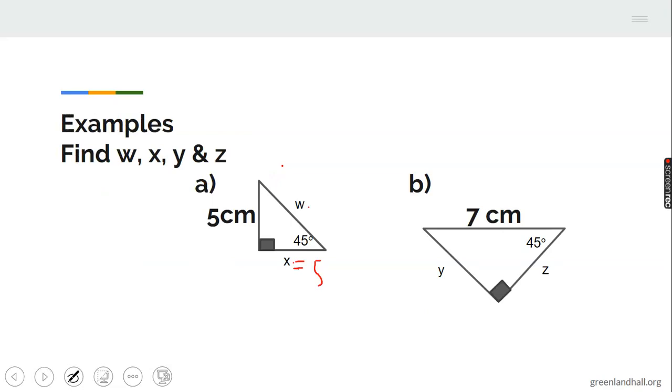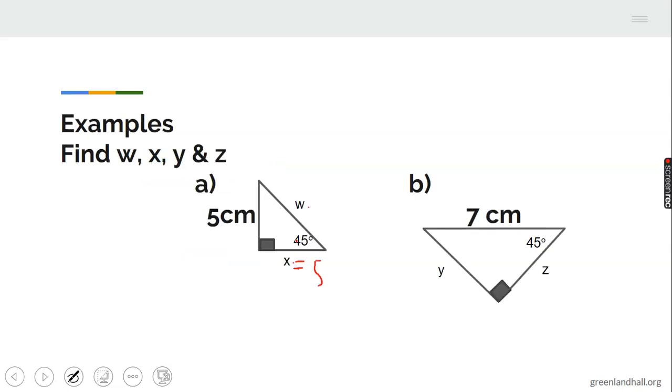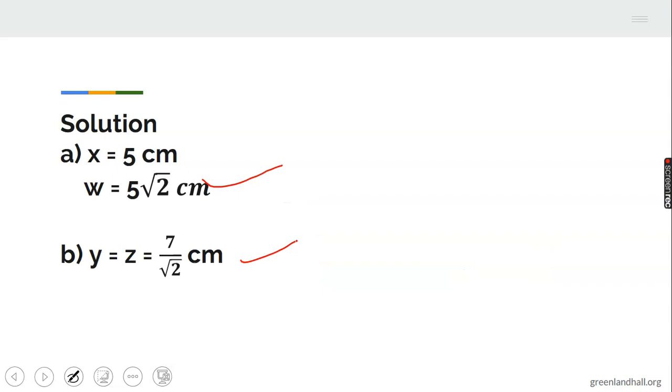So we can use either cosine or sine to get the value of the next one. So y and z are equal, and it will give us 7 over root 2. The hypotenuse is 7.